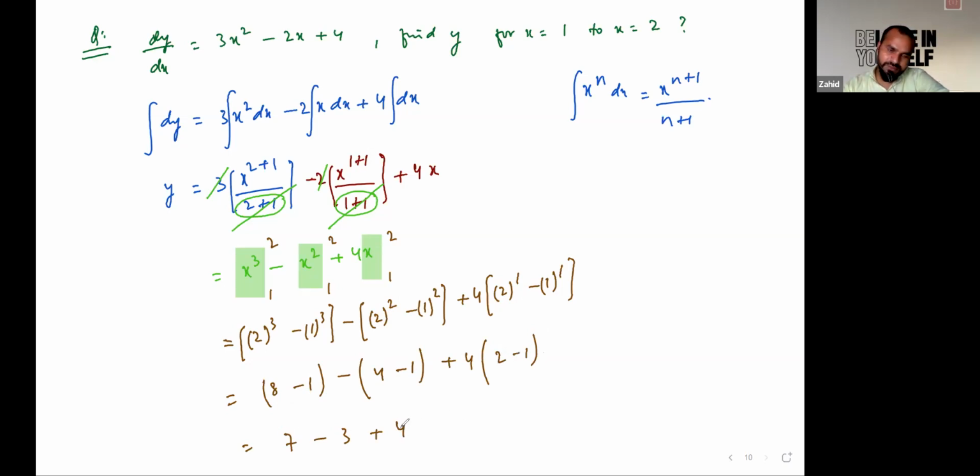So 7 plus 4, 11, minus 3, 8. Is it clear?